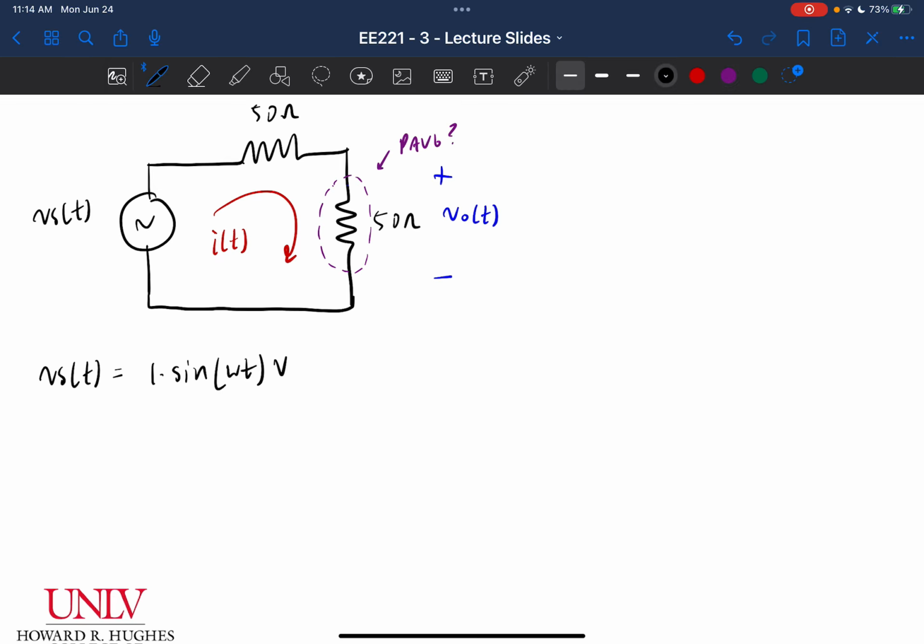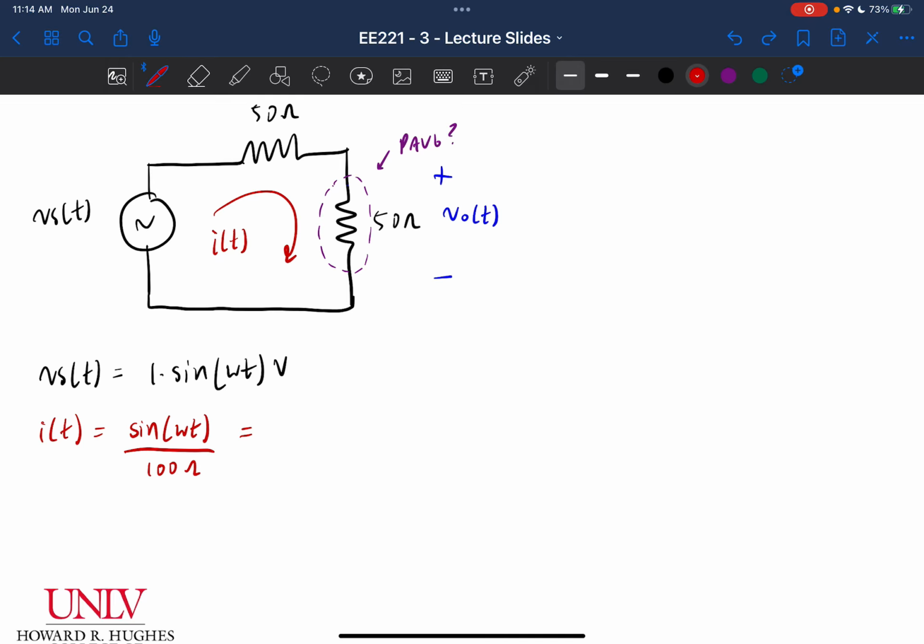Well, first we need to determine the current. Pretty straightforward. The current in the circuit is going to be the voltage Vs of t, or just sine of omega t, divided by the resistance in the circuit, which is 100 ohms. Okay, and so that's going to be equal to 1 over 100, or basically 0.1. Nope, 0.01 if I want to do amps, or I could just do 10 milliamps.